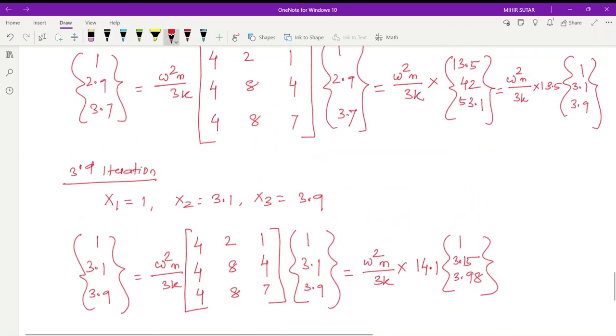Now you can see here that compared with the previous iteration the values are not repeating themselves. So we will go on for further iteration.